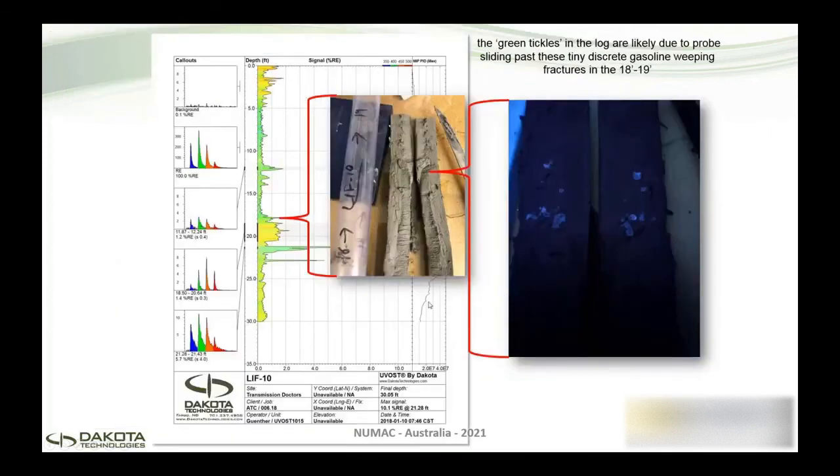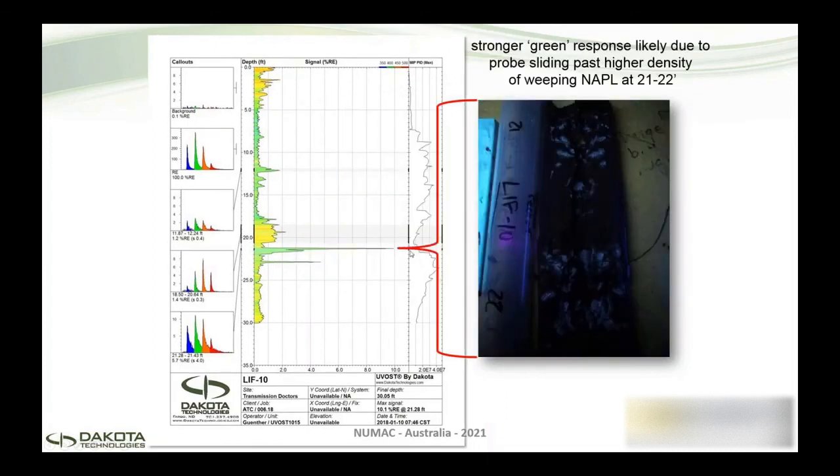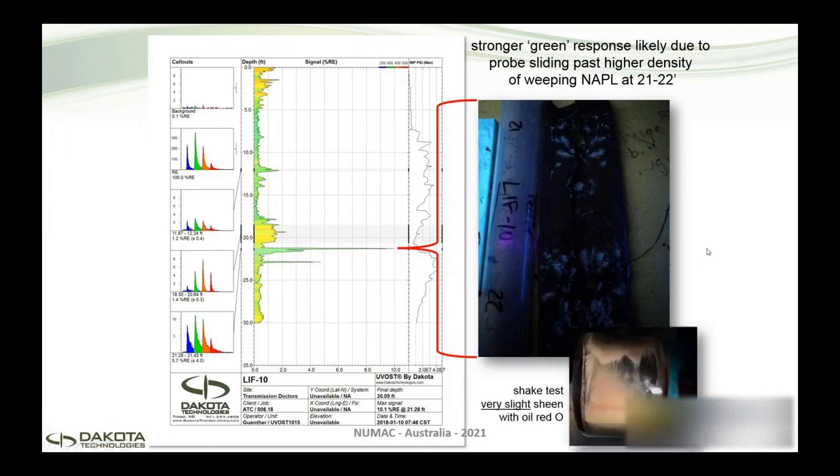But as I worked my way down, I started to see little tiny weeps, little pinholes of gasoline. And by the time I got to the bottom, like this signature, and of course this is a core, so obviously we did not cover the exact same material, but we got material that was pinholed. And the NAPLs actually spread out across the cut face fast enough that it's starting to sheen out. It looks bigger than it actually was.